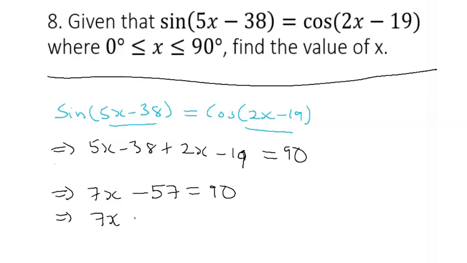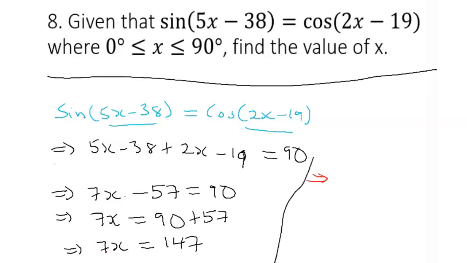So 7x is equal to 90 plus 57, because here it is minus, when it crosses the equal sign it becomes plus. So 7x equals 147. This implies we want to divide both sides by 7. 147 divided by 7. The answer becomes 21 degrees.